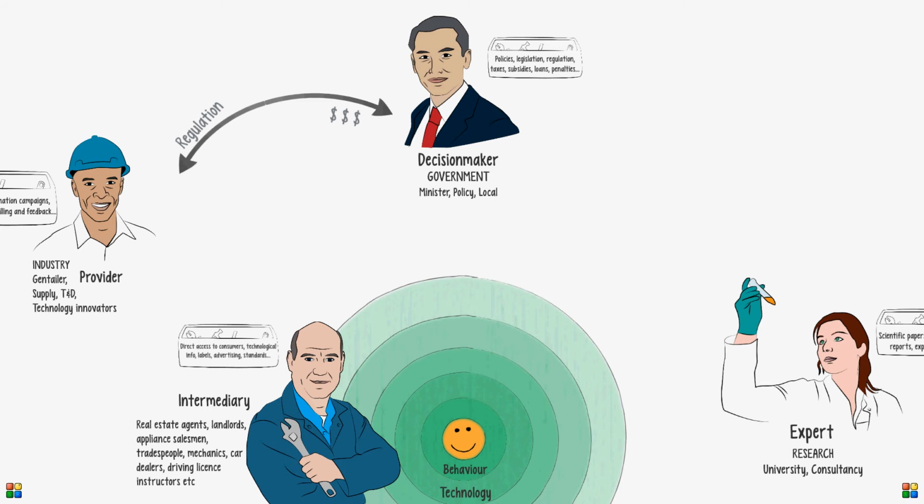The other flow of this relationship is, of course, that they regulate or deregulate the energy system. We have also quite a strong connection, particularly one way towards the expert. Most experts, particularly academics, are very much dependent on government funding, and there's quite a lot of funding going into research.